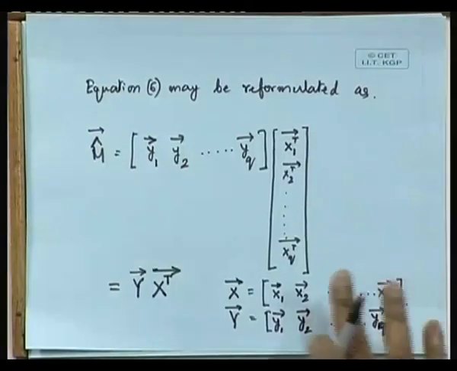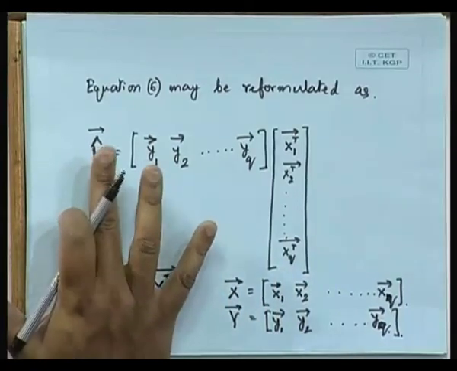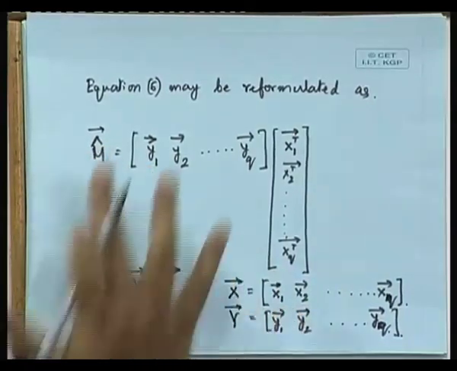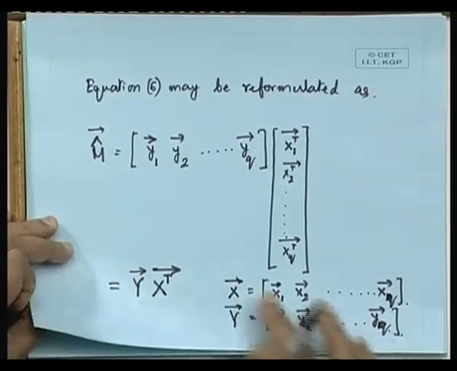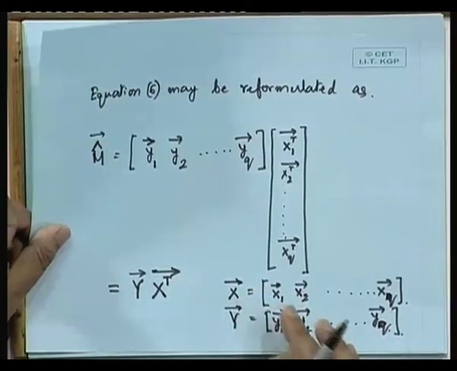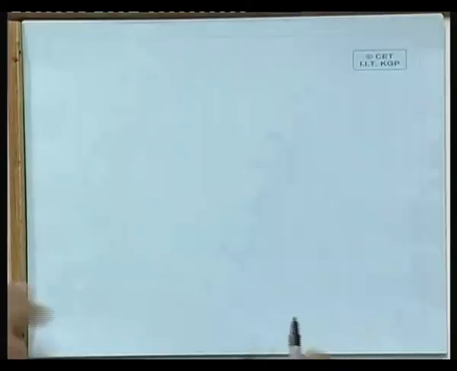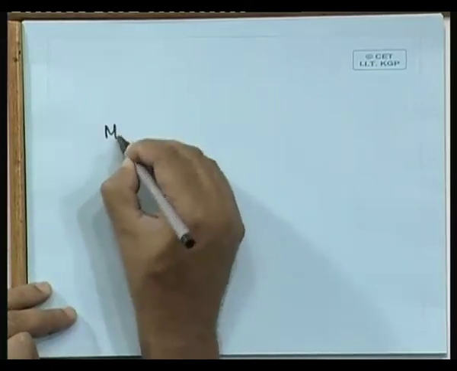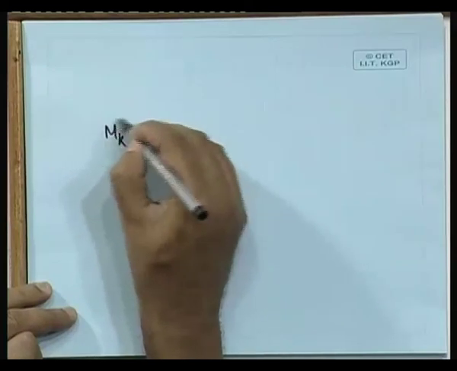Now, again this expression that we have got, that M cap matrix is equal to Y vector matrix times X transpose vector, okay, could be restructured again in the recursive form. How? We can write it in a recursive way as M corresponding to the iteration k.